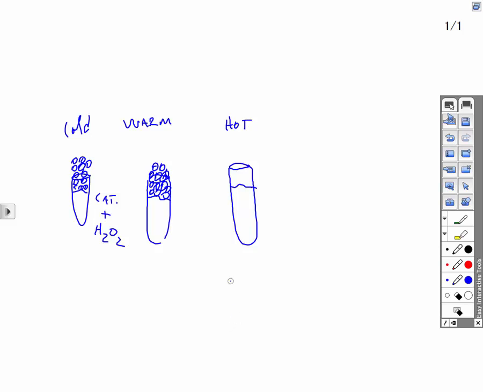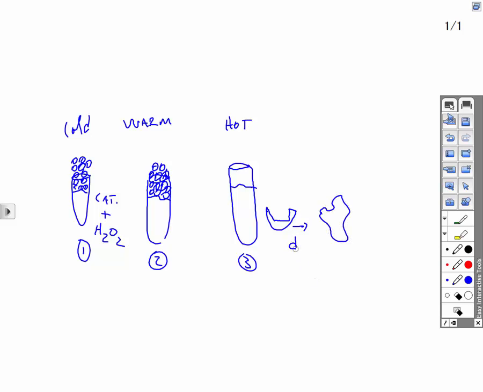That's called denature. So if I have the catalase and the hydrogen peroxide in the third tube, so this is tube 1, this is tube 2, this is tube 3, and I place that in tube 3 and put it in the boiling water, our enzyme should actually change shape to the point that it is not functional.